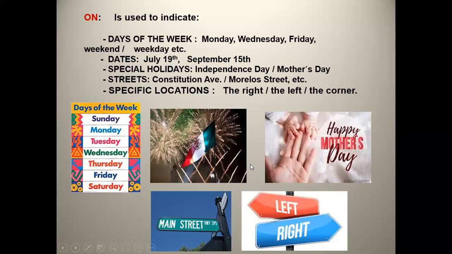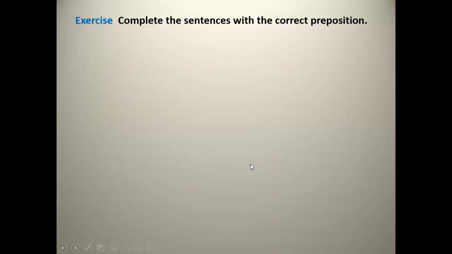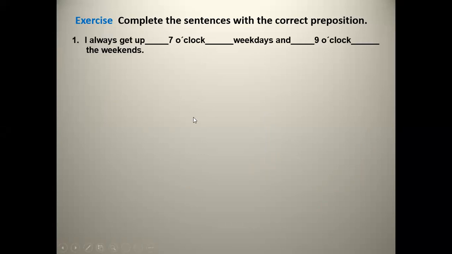Okay, but now we have an exercise where we're going to complete the sentences with the correct preposition. We're going to use the prepositions, and we have the first one. Look, I get up, and we have the time. Weekdays, 9 o'clock, weekends.